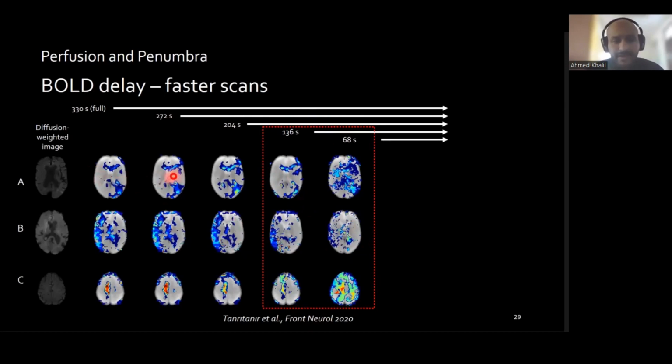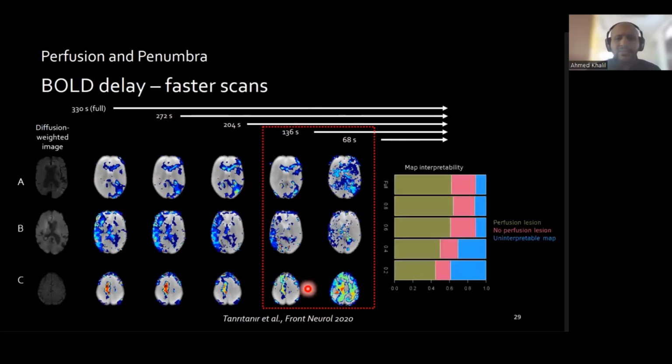So the maps that are derived from the 3 longest scan times all look quite similar. There's not that much noise in them, while the ones from the very, very short scans start to get really noisy and difficult to interpret. And clinicians or radiologists who took a look at the maps also agreed with this for the 3 longest scans.